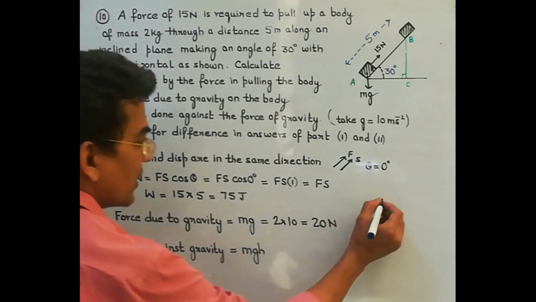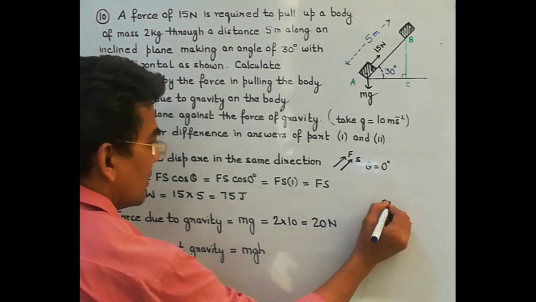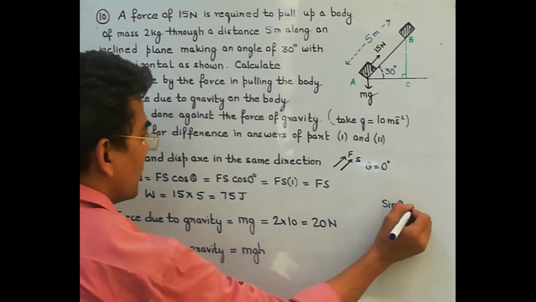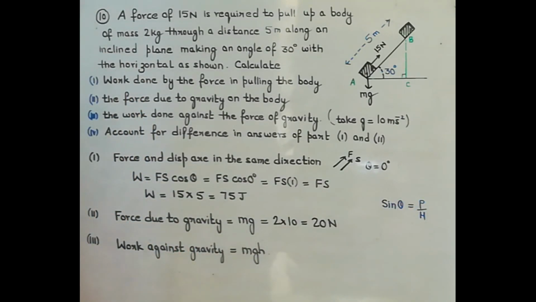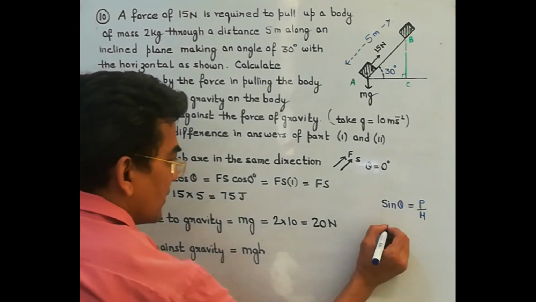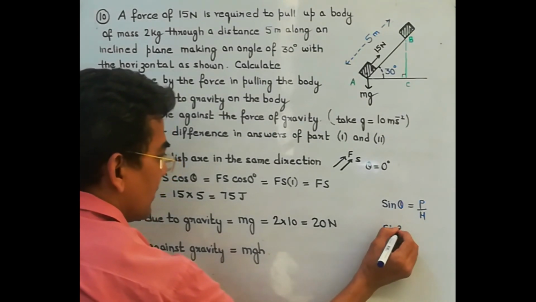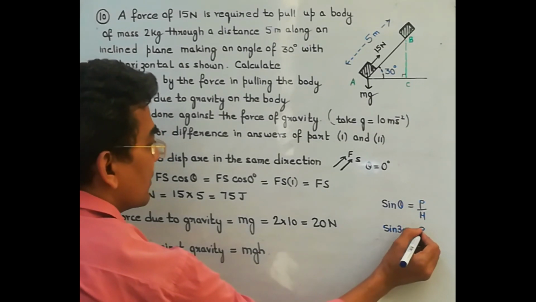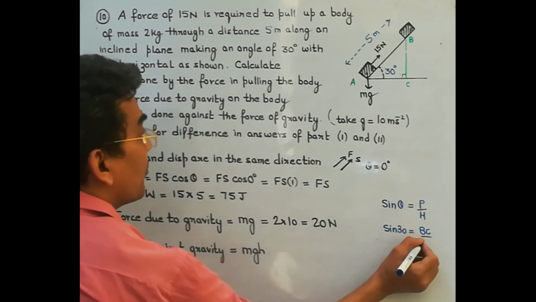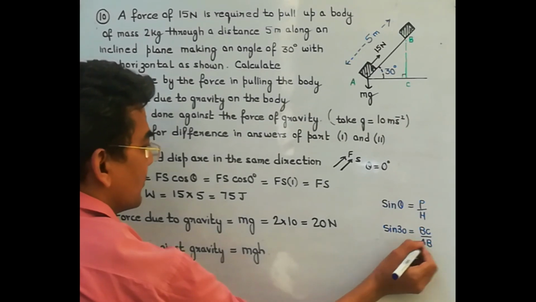Now here you will be using, you know this formula, sine theta is equal to perpendicular upon hypotenuse. Here theta is 30, so sine 30 is equal to perpendicular is BC and hypotenuse is AB.